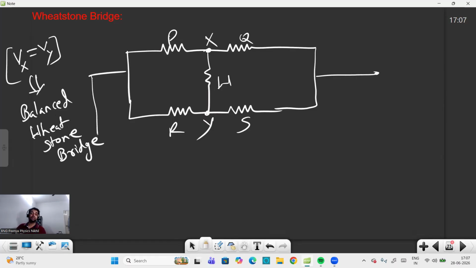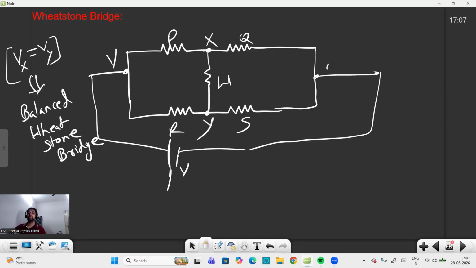So here, just consider we connect the supply of V volt here. Correct? So here the potential will be V, and here it is 0.